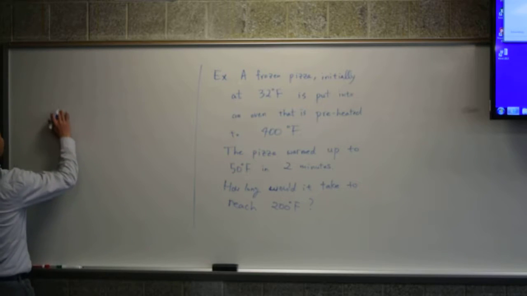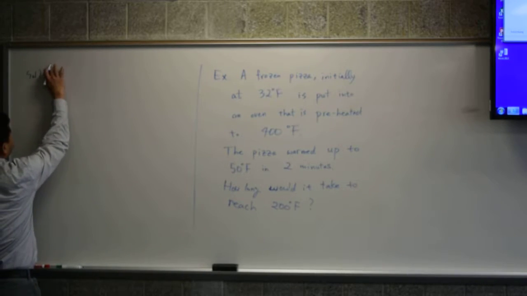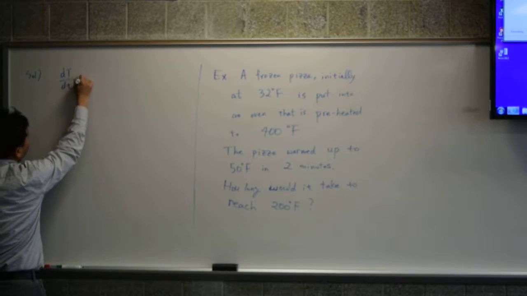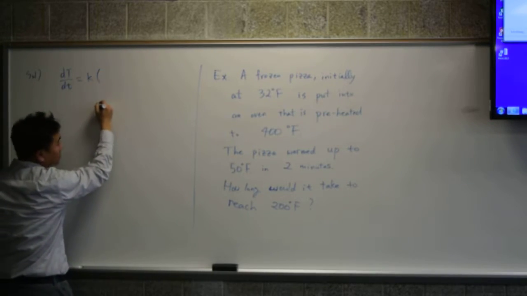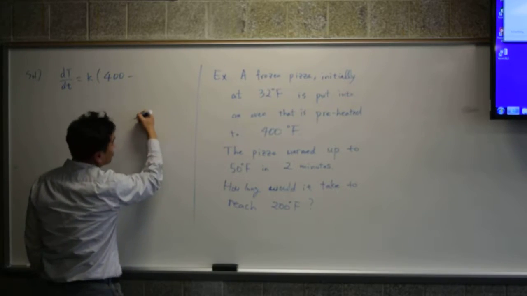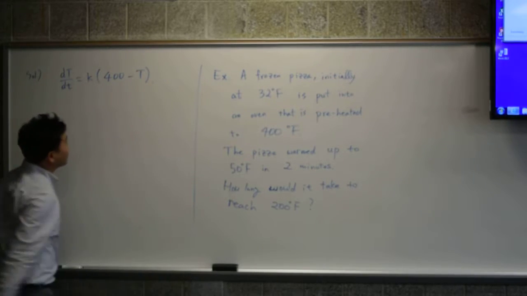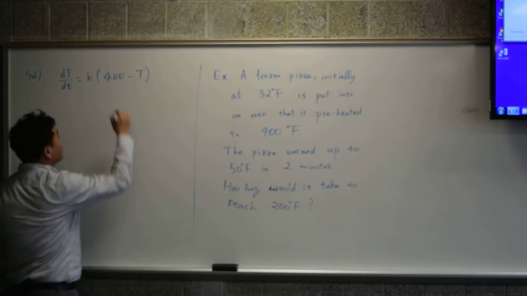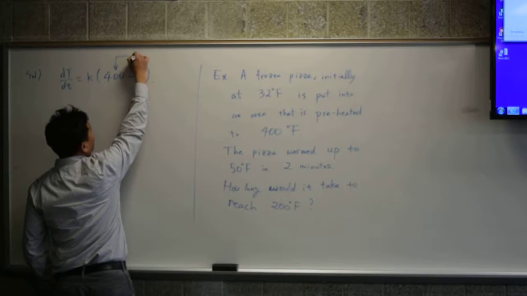Okay, solution. So we have the change of the temperature equal to k times the ambient temperature, which is 400, minus the temperature. But this is your ambient temperature.